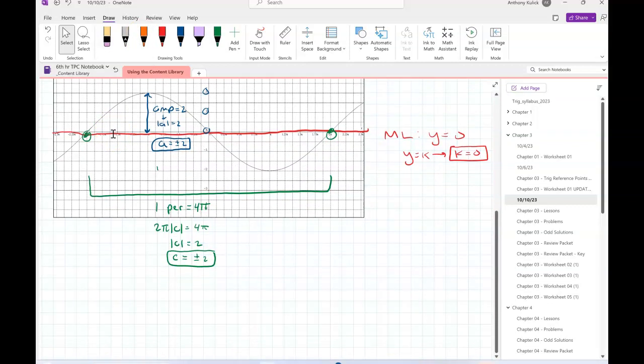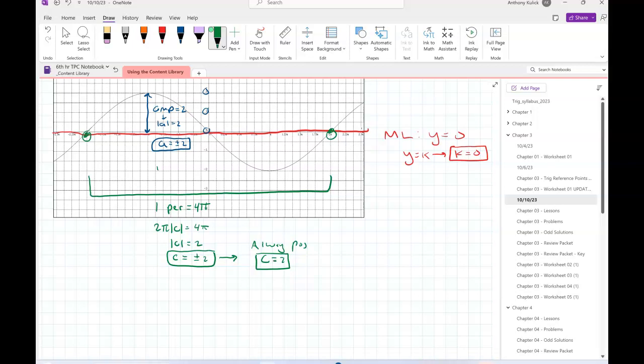So the first choice we're going to make is to choose C to always be positive. We can write answers where the C is negative that are correct, but I don't think it ever makes life easier.